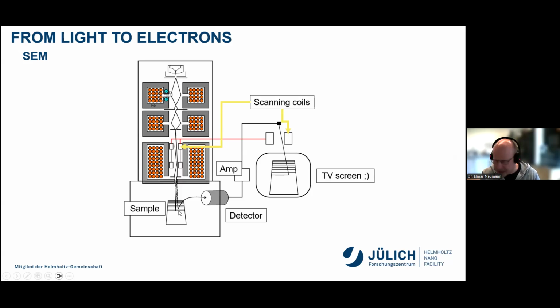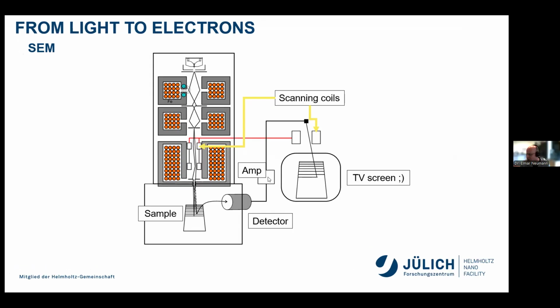In these lines, with the help of the scanning coils, it stops at distinct points to record the outgoing particles. We are going to talk about this a little later.